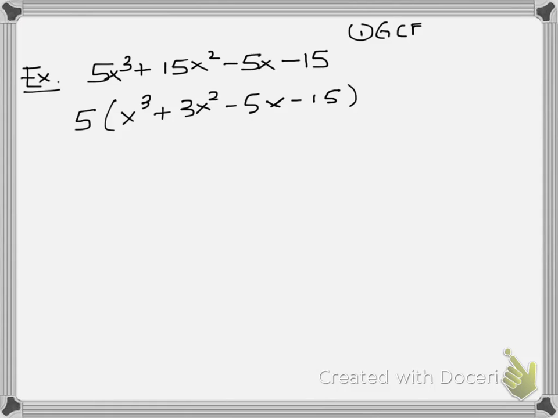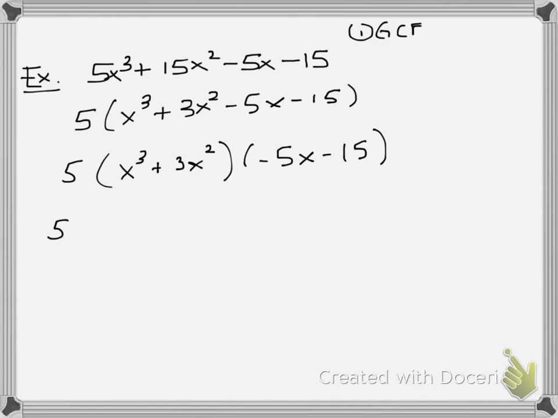Now the next thing I can do, because I have 4 terms already, is group. So now I have 5 times x cubed plus 3x squared, and then minus 5x minus 15. So I've basically grouped those. Now factor out the GCF there. So now I have 5. Okay, here, what do I have in common here? Well, they both have 2 x's, not just one, but 2 x's, so I can take out x squared.